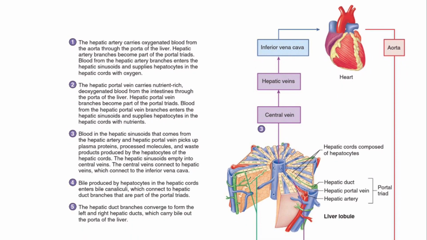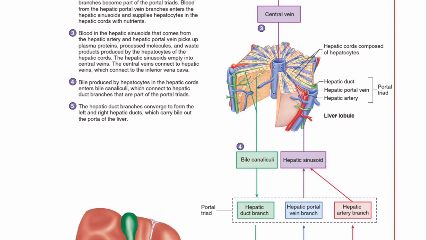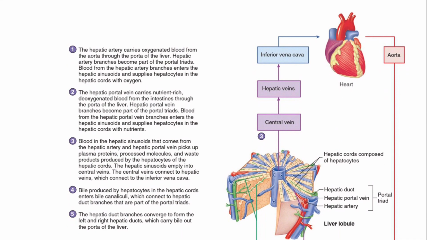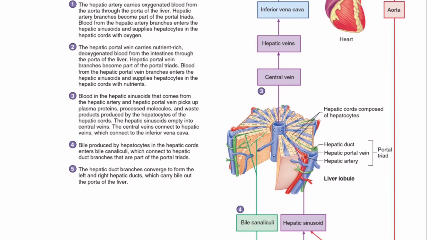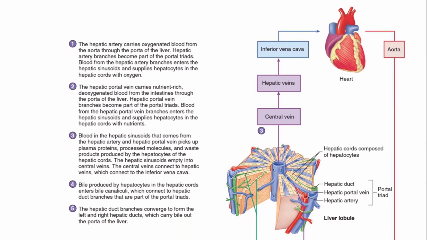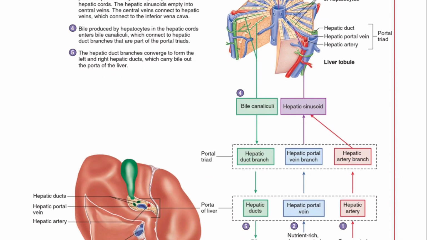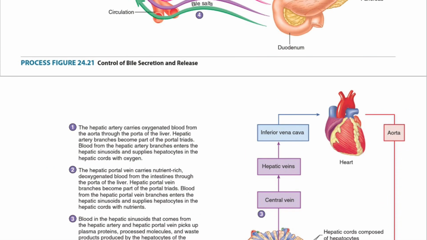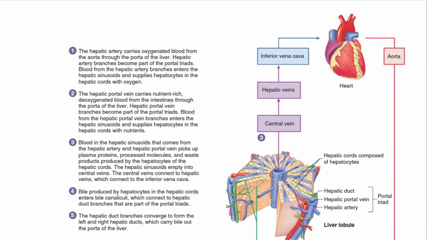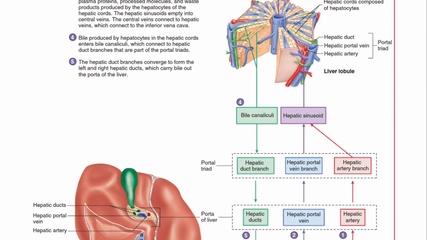Then this figure, what is this figure for? This figure is showing the blood circulation to the liver and the direction of the bile flow. I am trying to zoom out. So this is the half part.